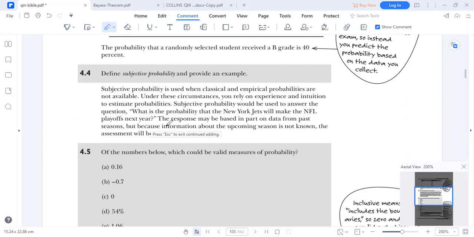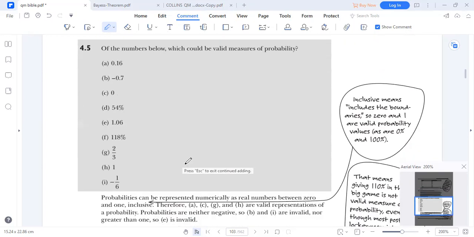We use it when we want to answer a question, for instance, what is the probability that a company like Lafarge will make a profit next year? We're going to base it on the performance in the past years. So this is just basic probability.